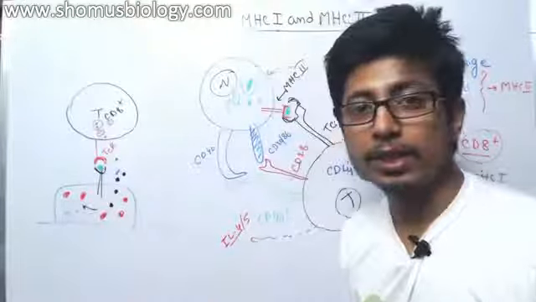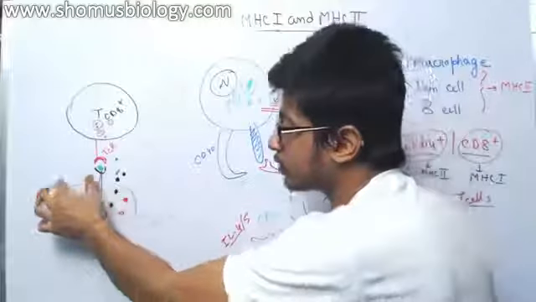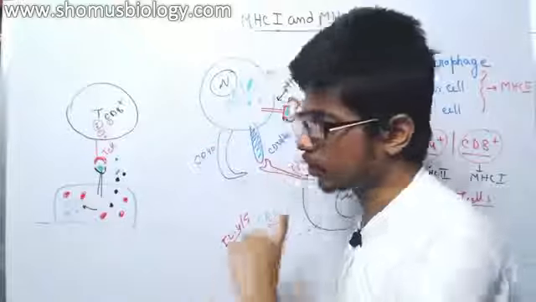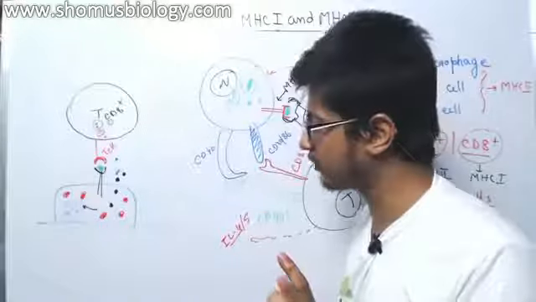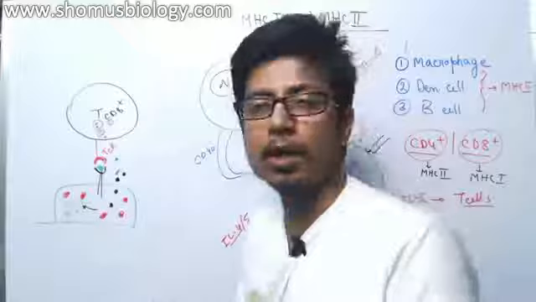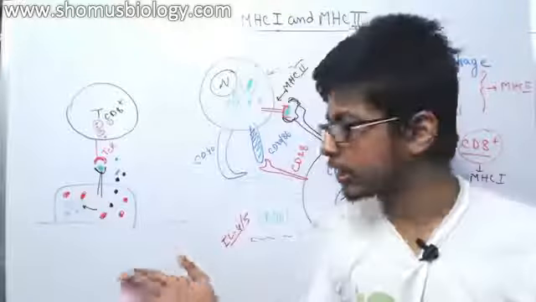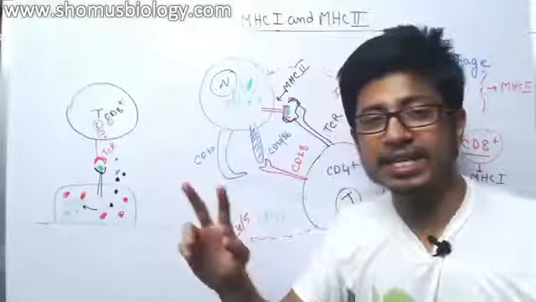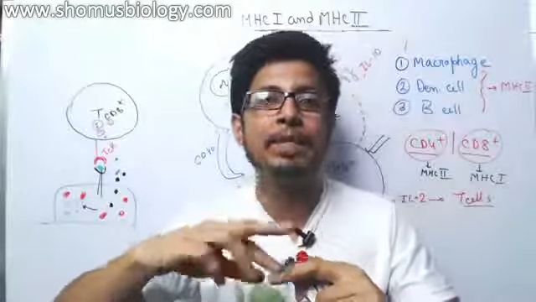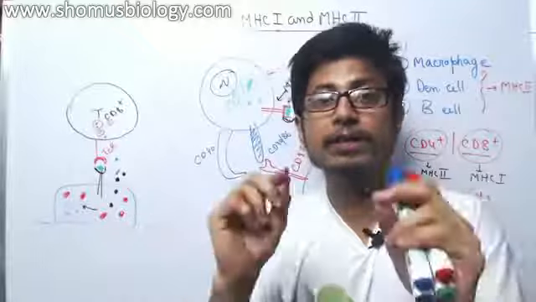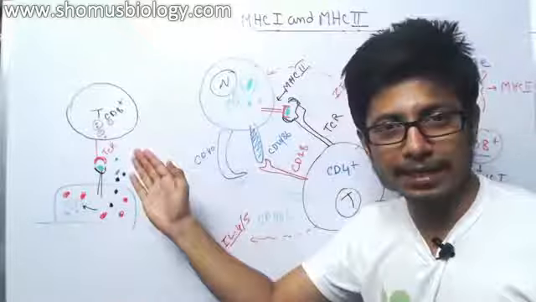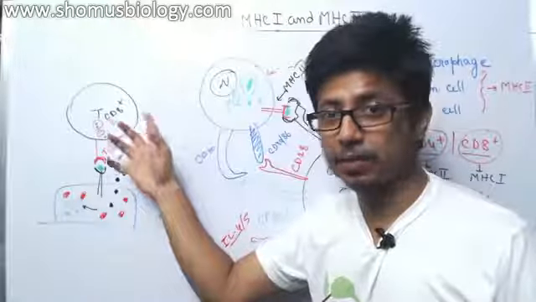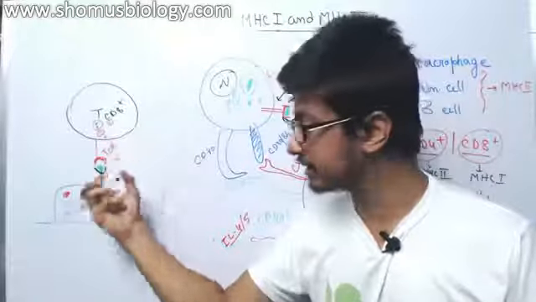In that case, those targeted or sick cells have MHC1, because all nucleated cells have MHC1. They will showcase some fragments of antigens outside, or they will sometimes showcase alterations of lipids in their membrane, which give the signal to the nearby cell, which could be a natural killer cell or cytotoxic T cell, to guess that this cell is infected.